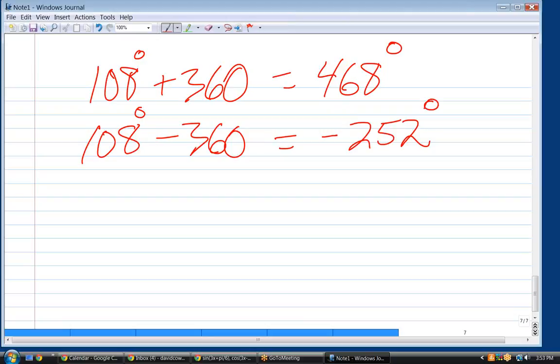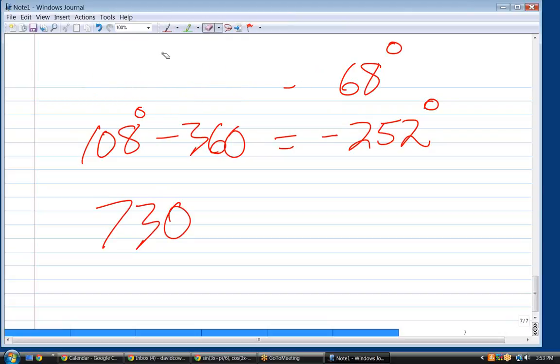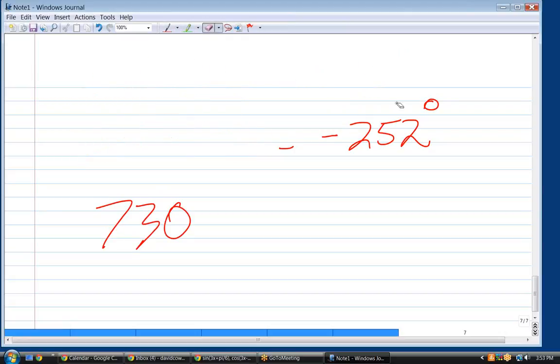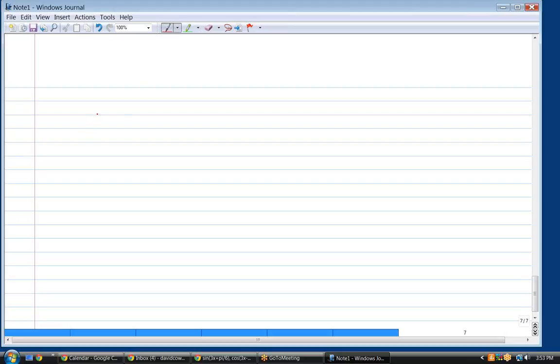And you can add or subtract any multiple of 360. So if they asked the same question starting with 730, what would you do? Now let's make it a little easier. Let's start with 390. Give me a positive and a negative coterminal angle to 390.